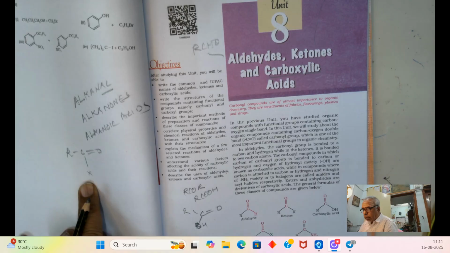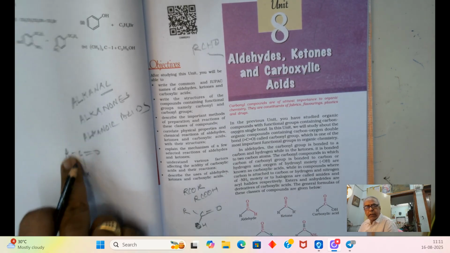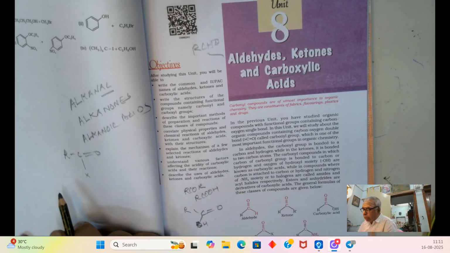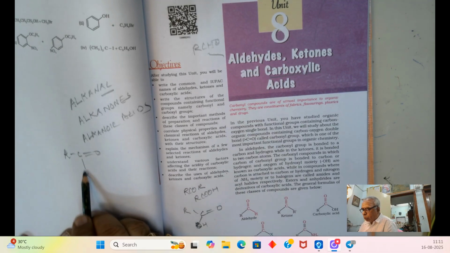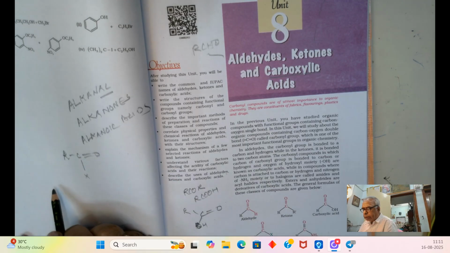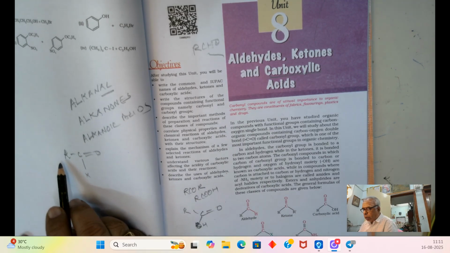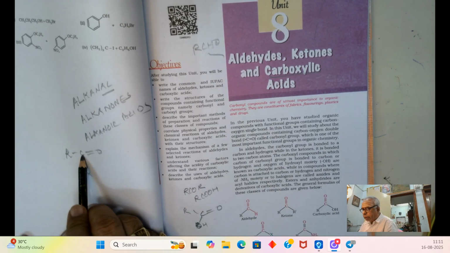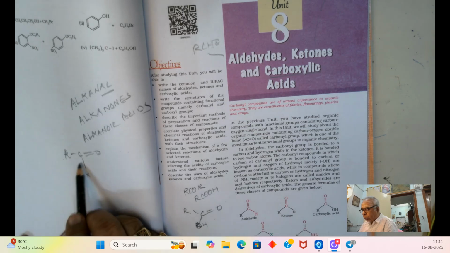What is that? Acetyl chloride or ethanoyl chloride. Acetyl chloride is a common name, a trivial name. And since it has got two carbon atoms, then you can call it ethanoyl chloride.